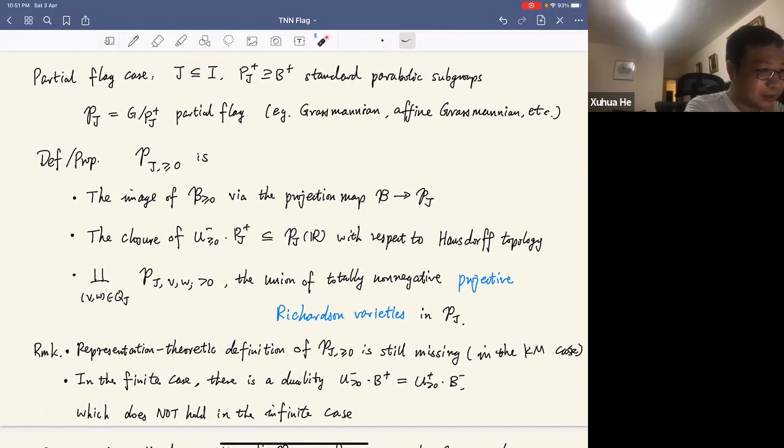We're going to replace the open Richardson variety in the full flag by the so-called projective Richardson varieties in the partial flag. This part is a bit technical, so I'm not going to mention it right now, but we're going to discuss it later.